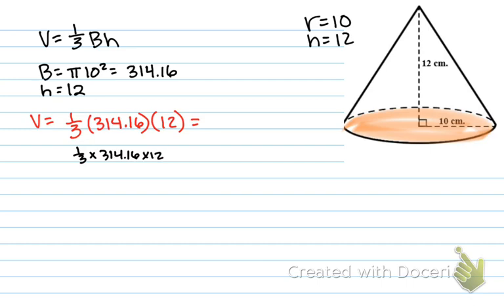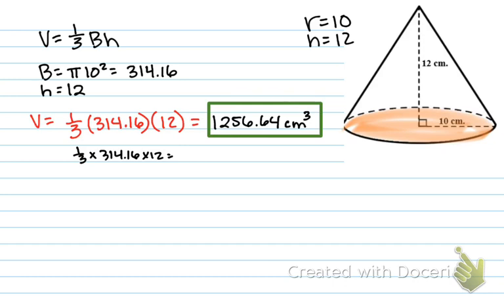I just like using parentheses because it's easier for me. When you do that, you should get 1,256.64. Our units are centimeters, and it is volume, so it's going to be cubed. And that's how you find the volume of that cone.